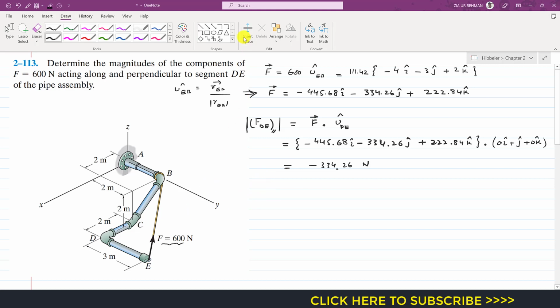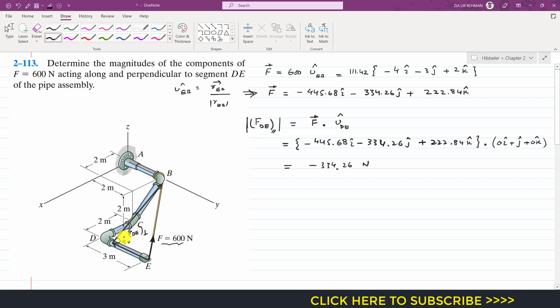Now if I draw that component, the component of the force along DE is acting like this, and then there is the perpendicular component of force F, perpendicular to DE. Let's say this component is FDE perpendicular, making 90 degrees with the pipe.